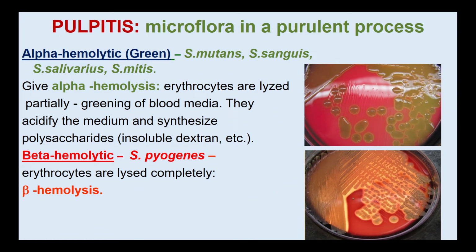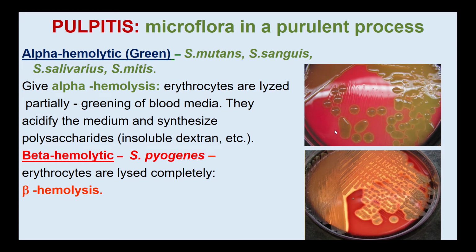Another bacteria which can initiate another type of pulpitis, a purulent process, are alpha hemolytic streptococcus and beta hemolytic streptococcus. About streptococcus we know all. Alpha hemolytic, as I said, forms a green zone of hemolysis, incomplete hemolysis.